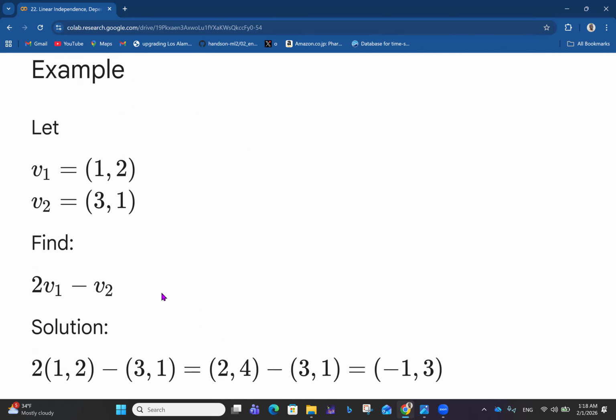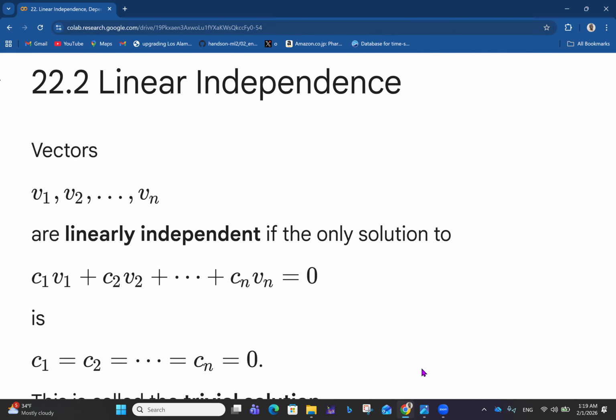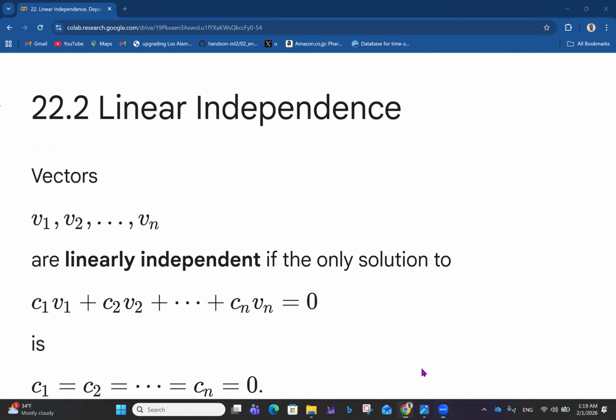We've done something like this two videos ago. So you just say 2 times v1 minus 1 times v2, that's just v2 itself. So 2 times (1, 2) minus (3, 1). 2 times 1 is 2, 2 times 2 is 4, minus (3, 1). So 2 minus 3 is minus 1, and 4 minus 1 is 3. That's straight to the point as far as linear combinations are concerned.